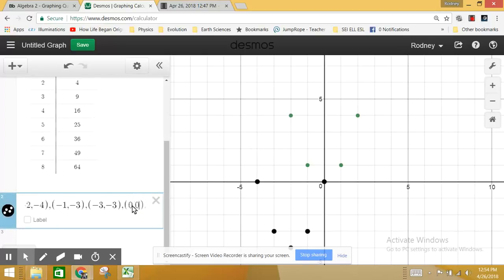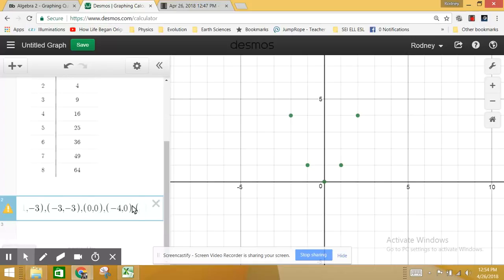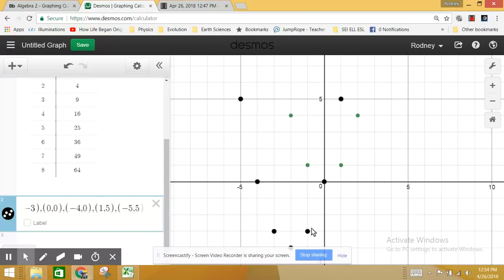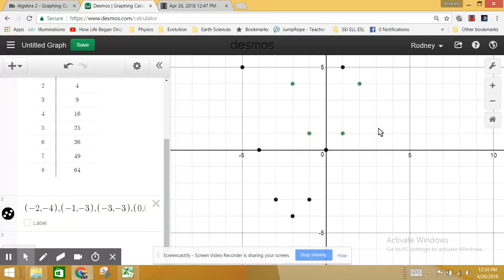So I'm going to go ahead and plot that. 1, 5 and -5, 5. So I'm just following the pattern of a basic parabola, a basic x squared function that's been transformed to the left 2 and down 4. So my vertex is moved from here over and down.